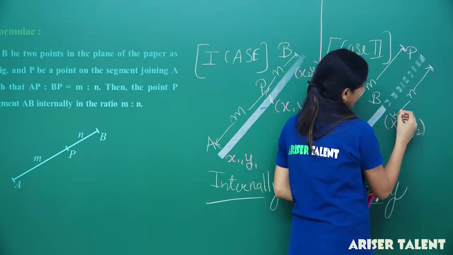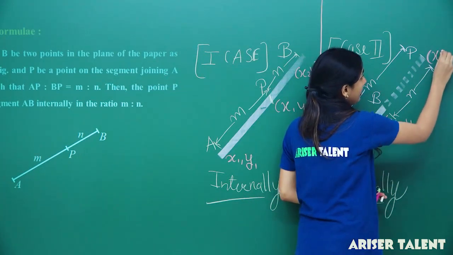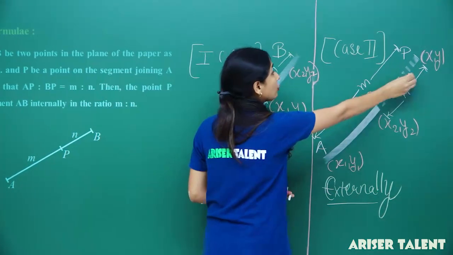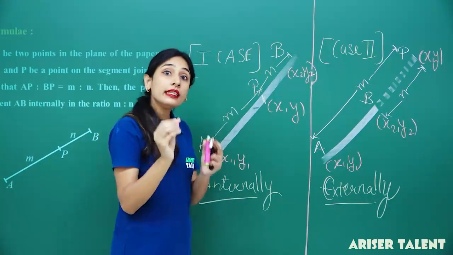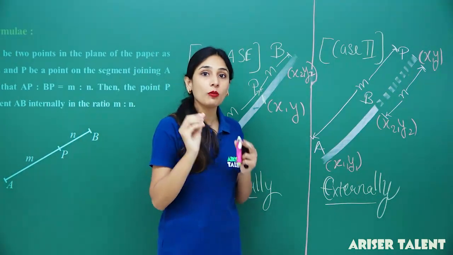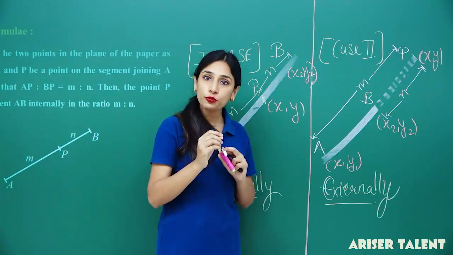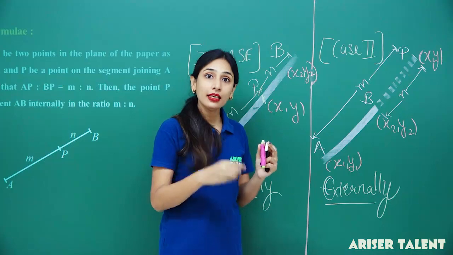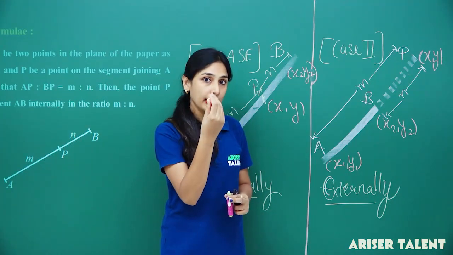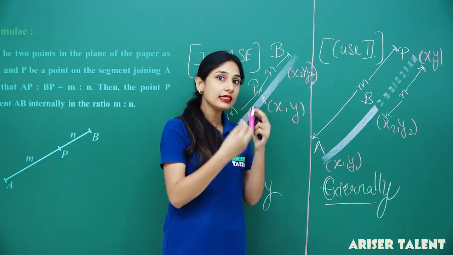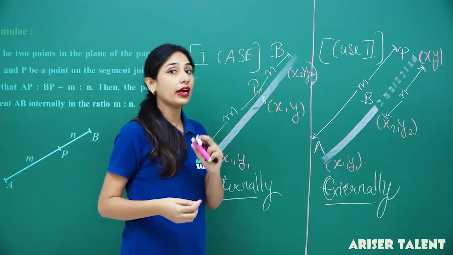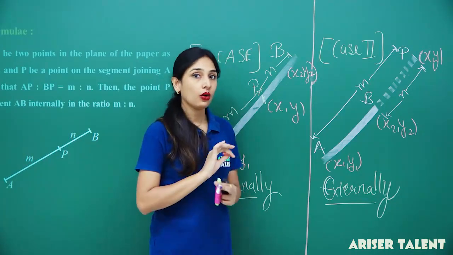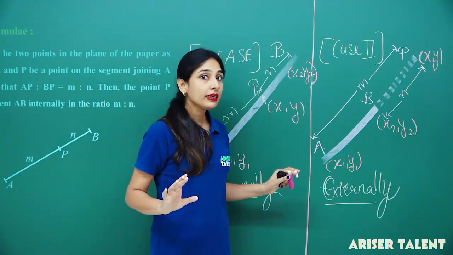So, the coordinates of point P will remain x comma y. The coordinates of the first point in both cases will be x1, y1, and the second point is x2, y2. That is point B, the second point, and the first point is A. Now, got it? Remembered that?